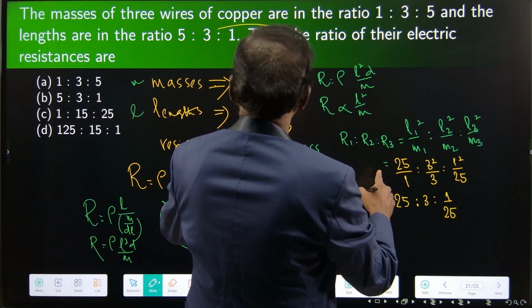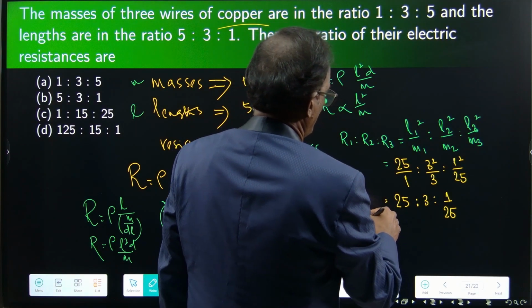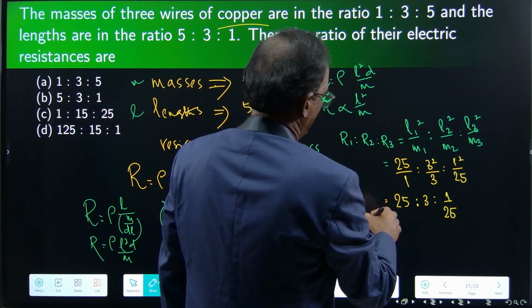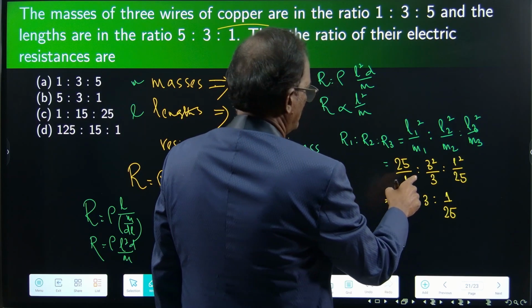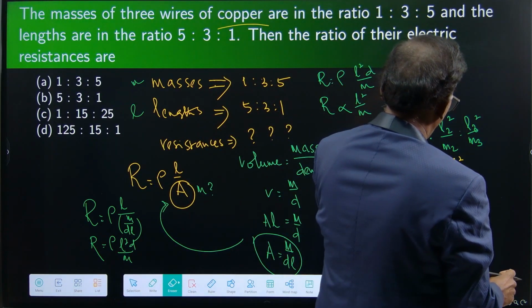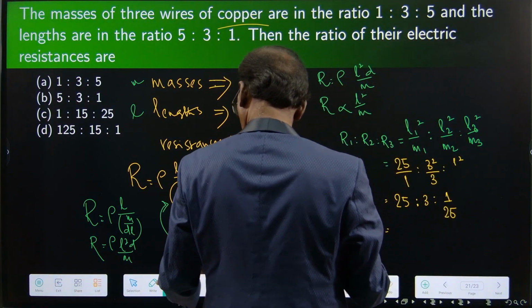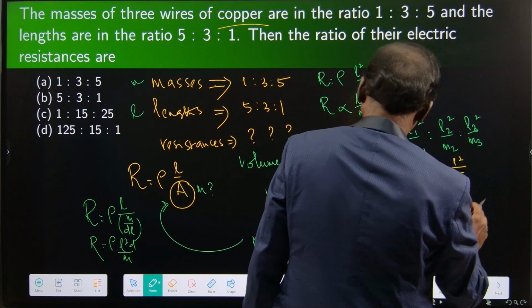L3 is 1, M3 is 5, it is not 25, only the numerator is square.